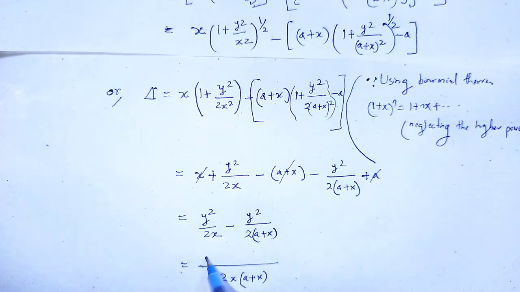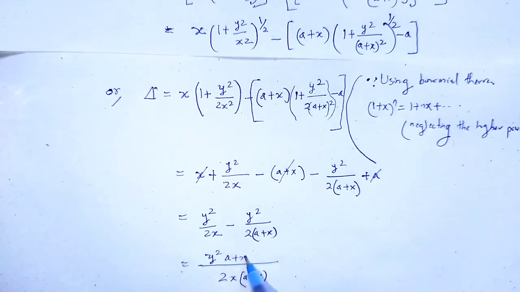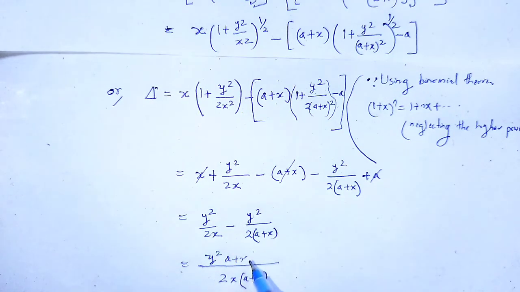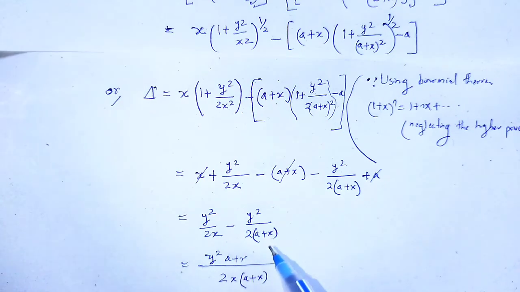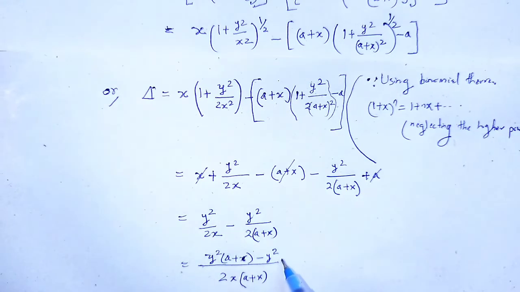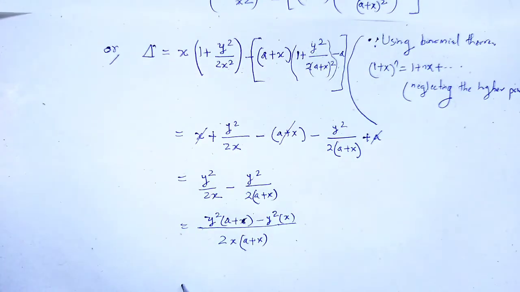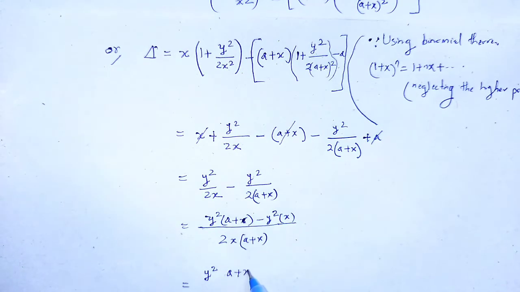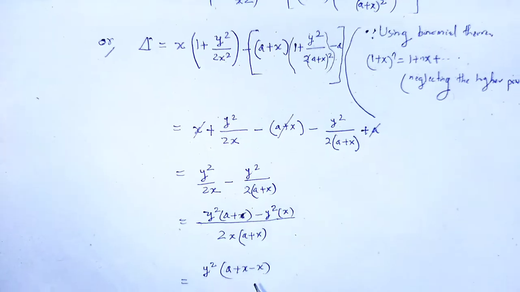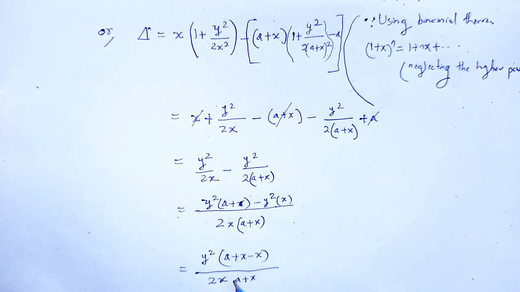We have y square times a plus x minus y square times x. Taking y square as common, the numerator is a plus x minus x, divided by 2x times a plus x.